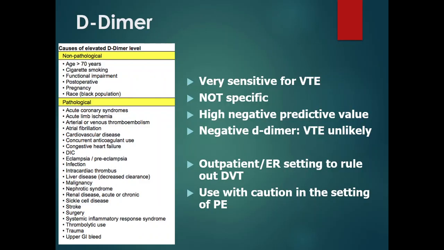the Wells criteria just gives you the probability that it's DVT in the emergency room or when you see the patient acutely. But what do you do next? There is a simple test called the D-dimer test.